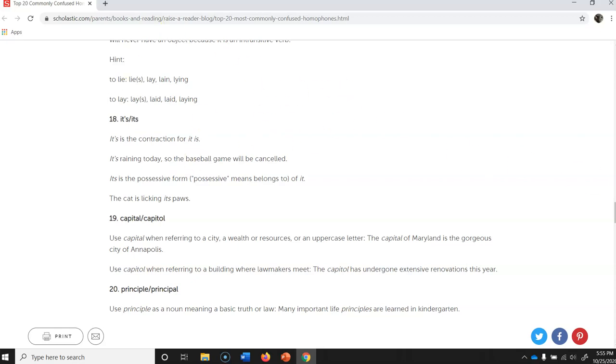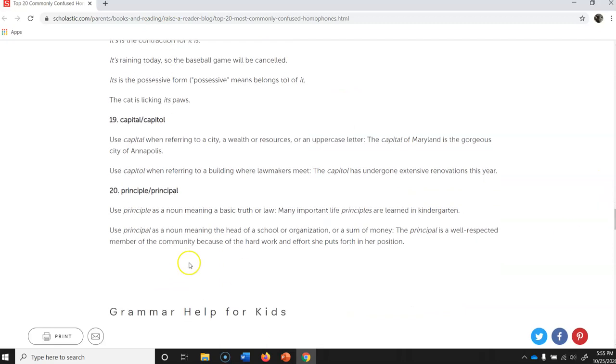And then finally, the other one that I wanted to draw your attention to is principle and principal. Principle, spelled P-L-E at the end, is a noun meaning a basic truth or a law. So if I were to say that one of the principles of nursing is being caring, I'm meaning to say that one of the basic truths about nursing is being caring. Principal, with P-A-L on the end, usually means the head of a school or an organization, or it can mean a sum of money.